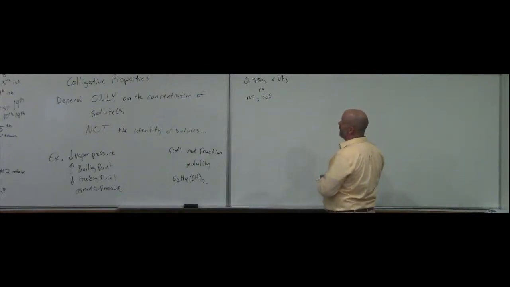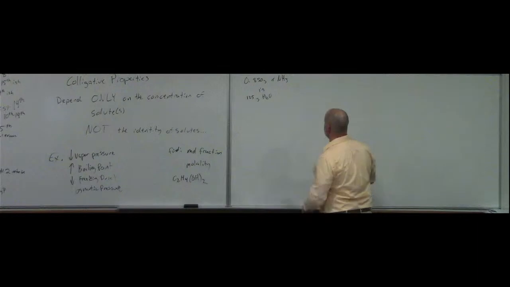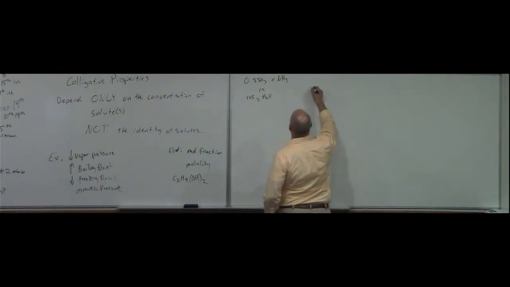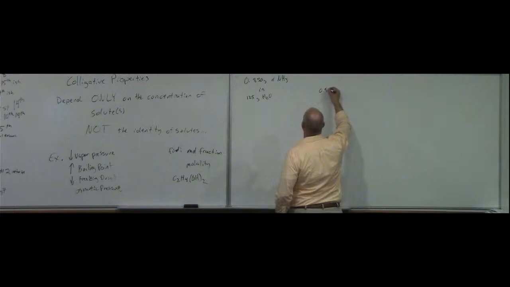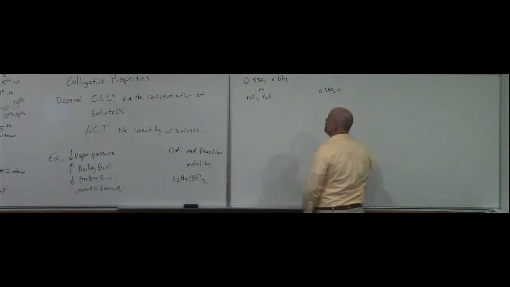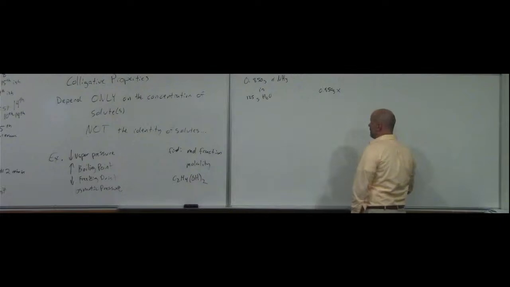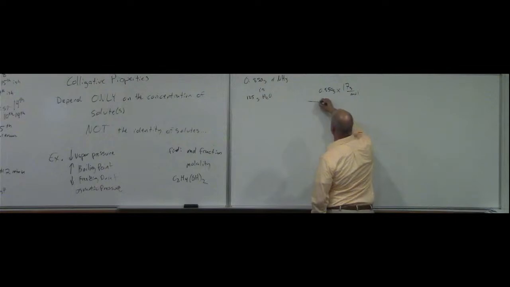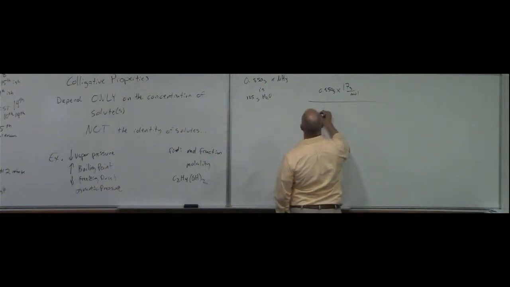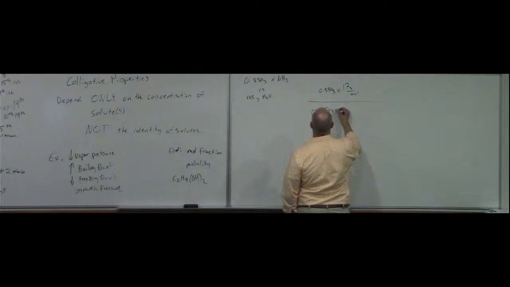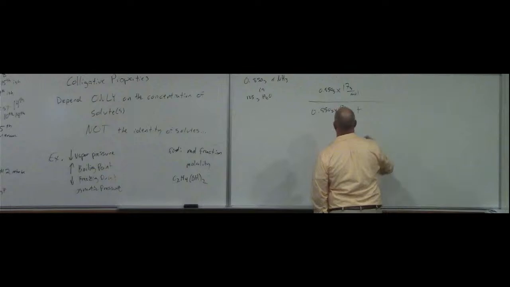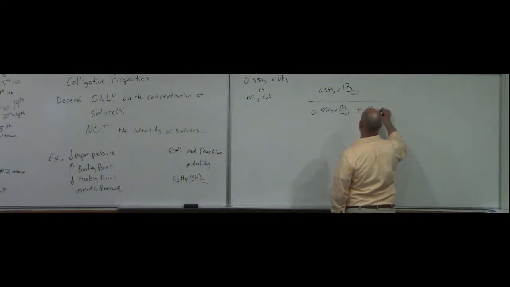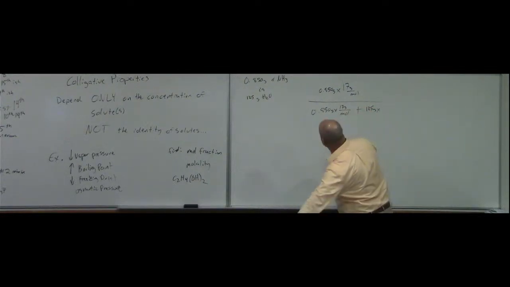So first thing we want to do is find our mole fraction. So I've got 0.850 grams times 1 mole per 14 plus 3, which is 17 grams. That'll give me moles of that. And I need that same number plus 125 grams times, I did that wrong.